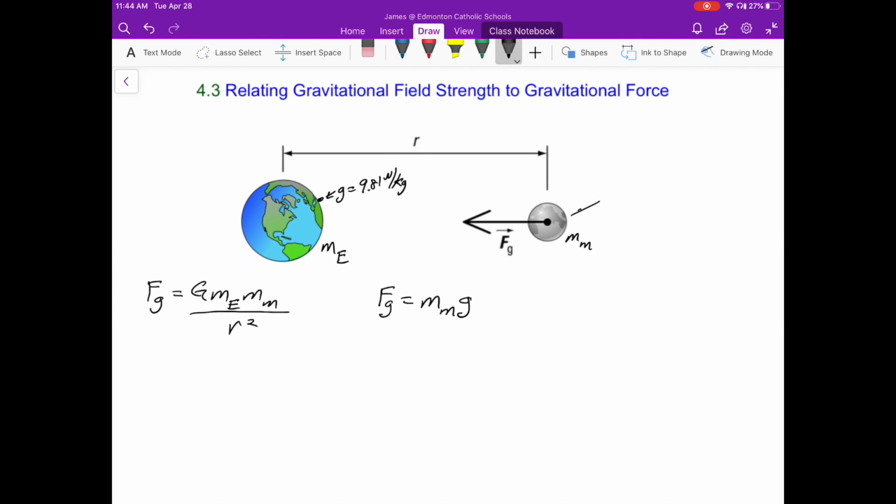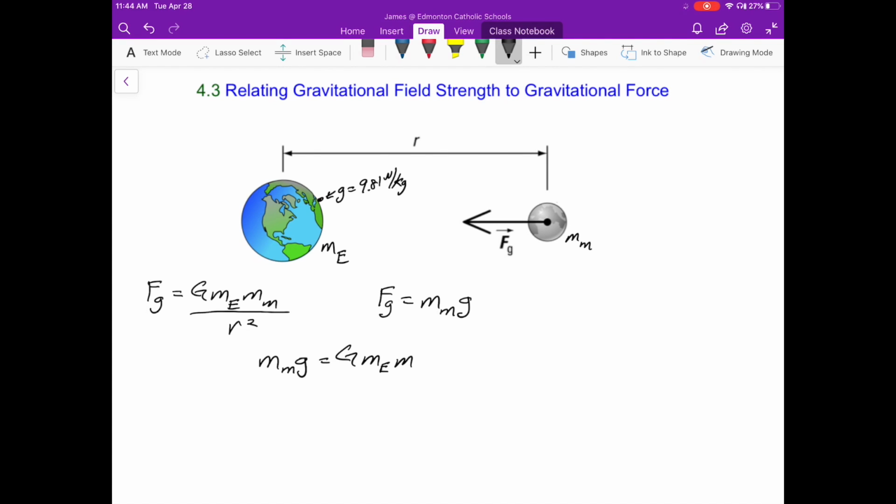But at this location, it's going to be less than that, whatever it is. But there's still a gravitational field at that location. So what we can do then is, okay, well, if these 2 formulas represent that same force, we can set them equal to each other.